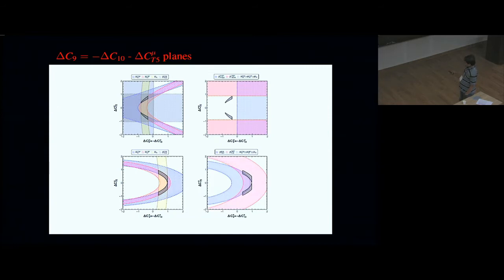One more important thing is that the gap between the two black regions is reduced, so the role of the tensor operator is reduced. In earlier plots, this gap was large. Similar comments can be made on primed operators. In primed operators, the muon sector cannot explain, and the electron sector can explain.